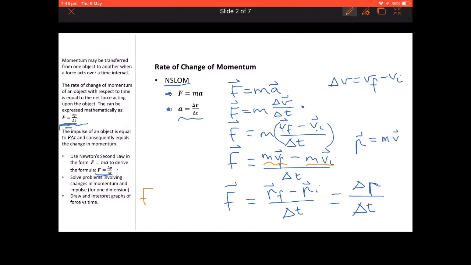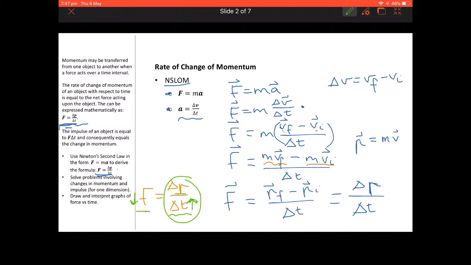If we were to keep the same change in momentum, but increase the time over which that momentum changed, that will mean that the force that acts will decrease. If this term here increases, this overall fraction is going to decrease because you're dividing by a larger number, and this will therefore mean that the overall force will be reduced.